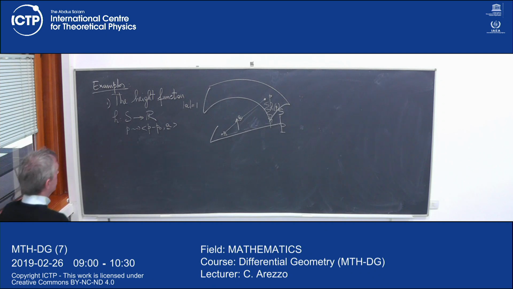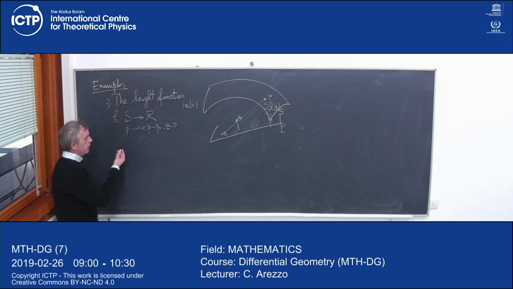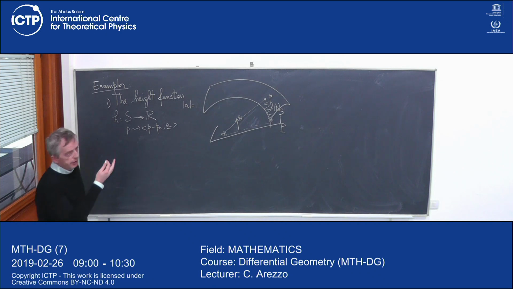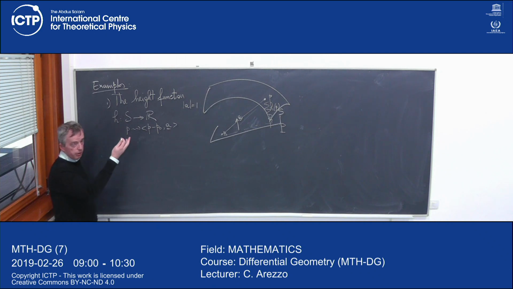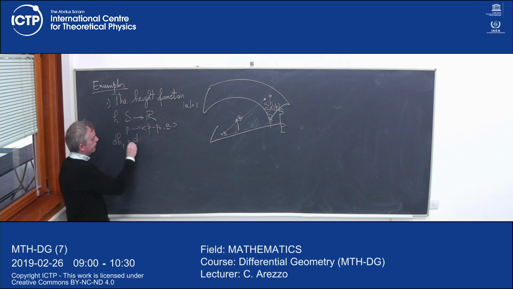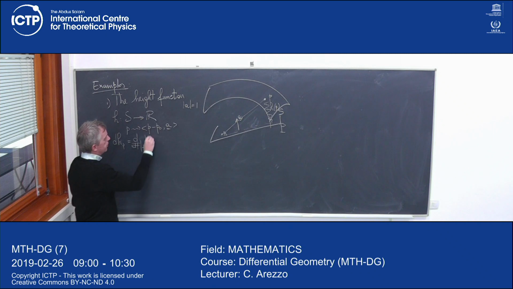So let's do the computation. How do I compute the Hessian? Well, of course, at a given point. First of all, let's compute the differential, because I need to identify critical points. We did it already, but it takes a second. So, the differential of H at a given point P is d/dt at t equal to 0 of H composed alpha.